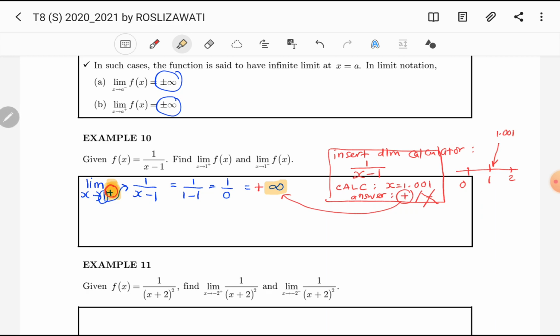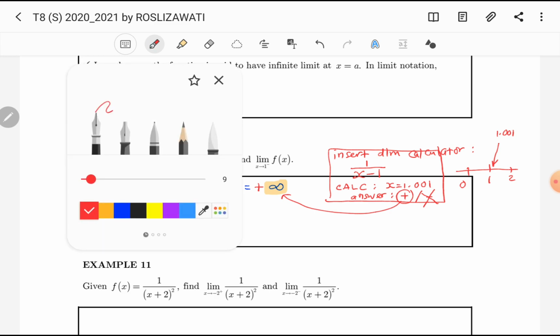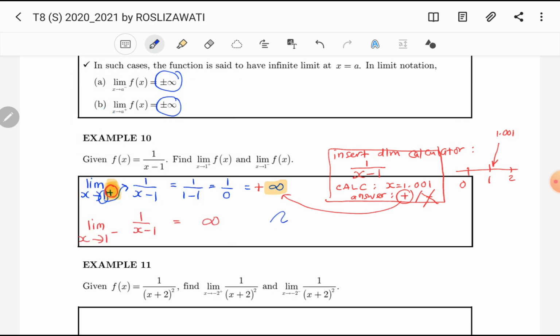Okay, we try for the second one. Okay, we have limit x approaches 1 negative 1 over x minus 1. So, you will get infinity. Okay, so for this case, masuk dalam kalkulator juga. Okay, awak masuk dalam kalkulator sama je. Tapi, awak kena tekan calculate.